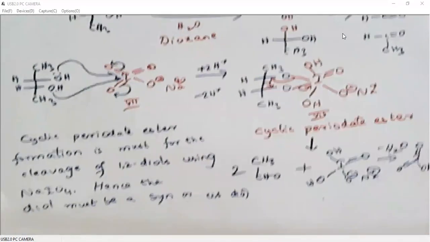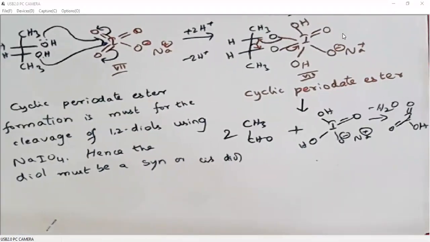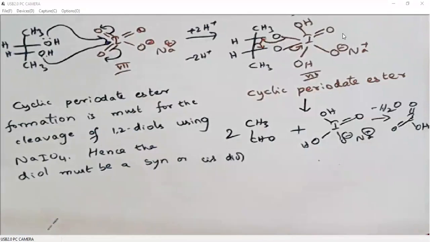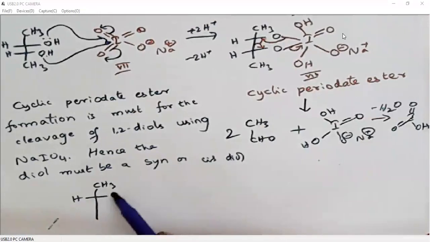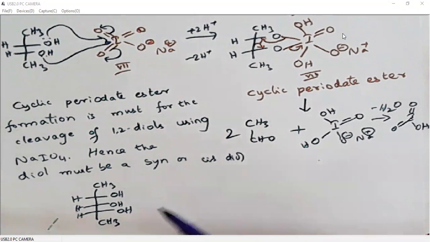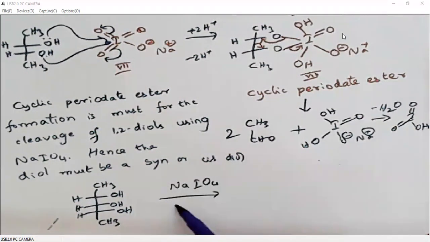I'll give you some more examples on this. Remember, the diols must be syn or cis. Then only sodium periodate cleavage will occur.